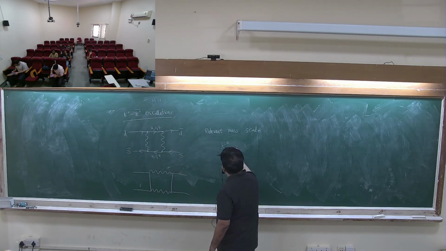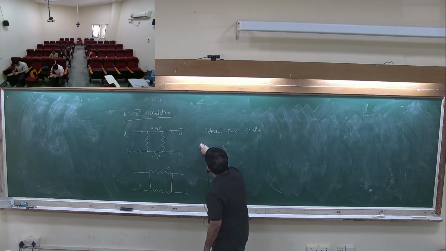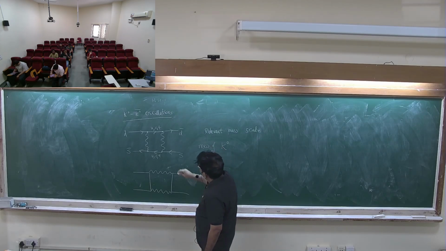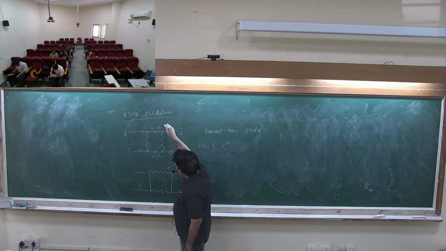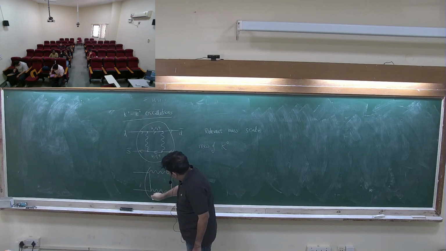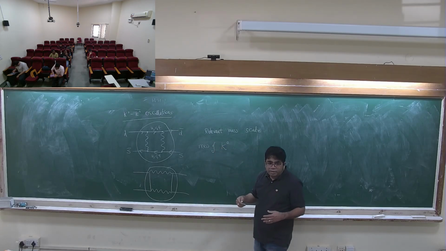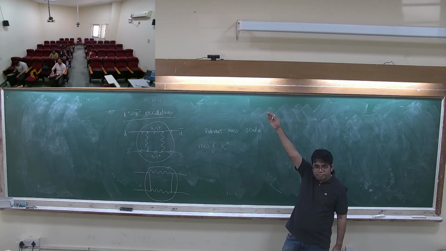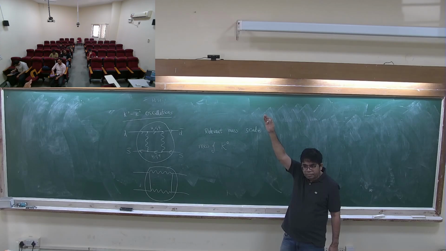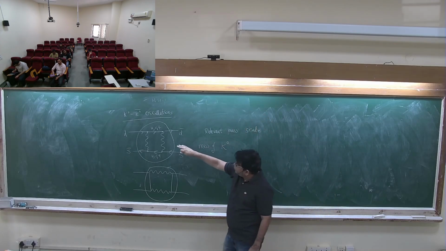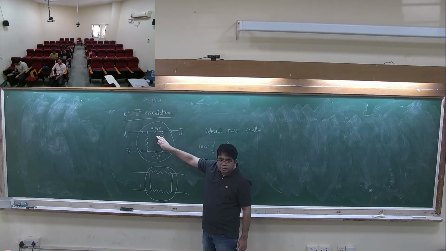Now at the mass scale of K0, you don't know what this thing is. This is the interpretation you are giving in a higher theory at the weak scale. This entire thing, what you are saying, this is my standard model calculation. But there is no standard model at the weak scale.